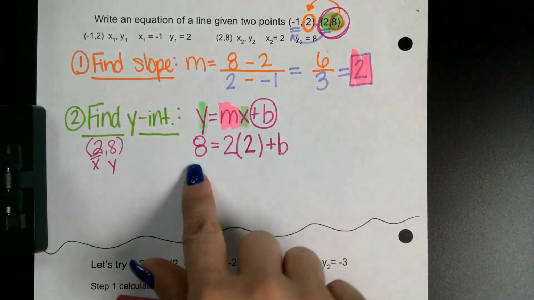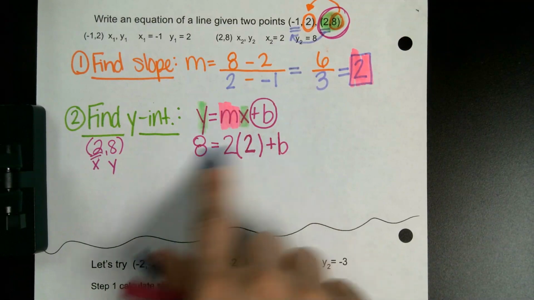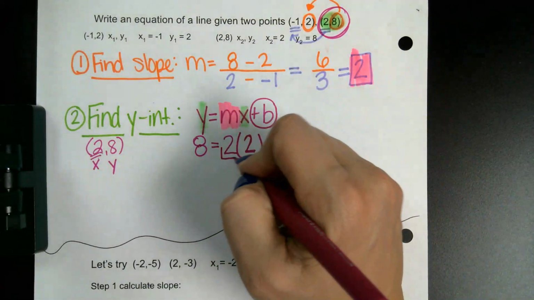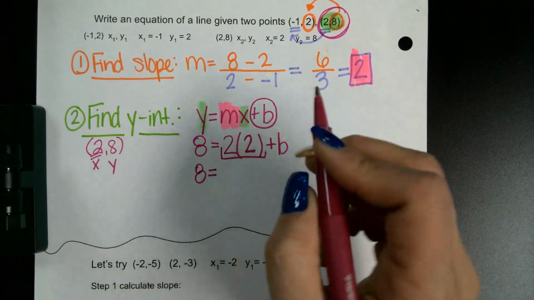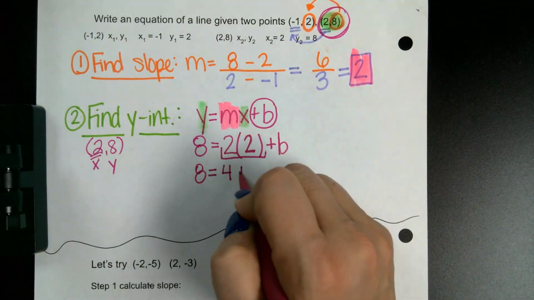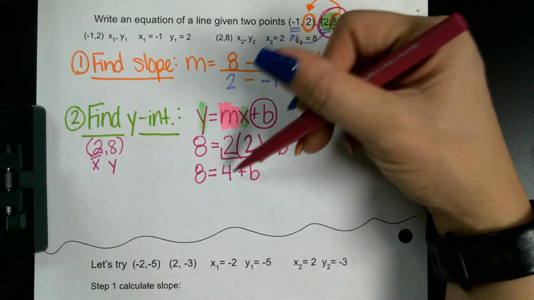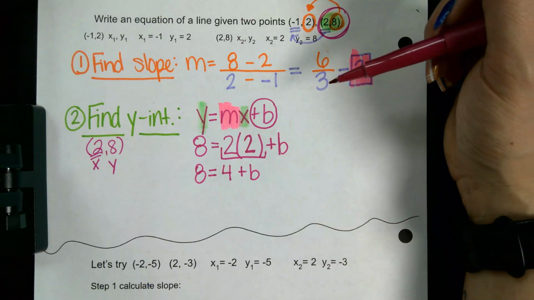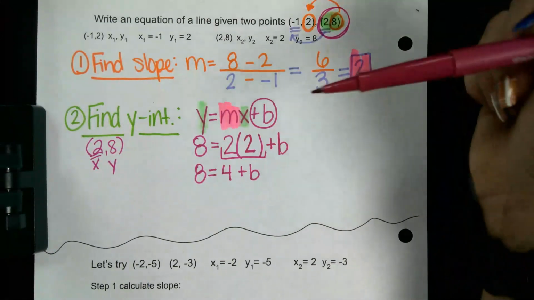Once you substitute, here's m, here's x, here's y. Once you substitute, you have to multiply these two together. What's 2 times 2? 4. So you multiply these two together to get a total of 4. And then in order to solve for b, what number do I have to move?